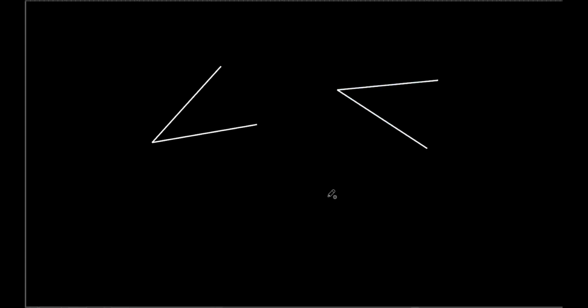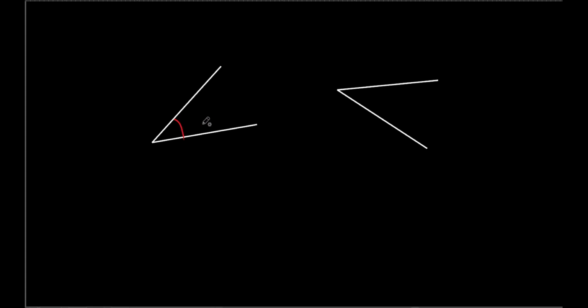Now, I copied and pasted it. So what do you think might be true about this angle and this angle? Actually, let's do this. That they're the same, exactly. I'm going to do it in red. You know how we put a tick mark when two things are equal to each other? On an angle, in order to show two angles are equal to each other, we put a little arc.